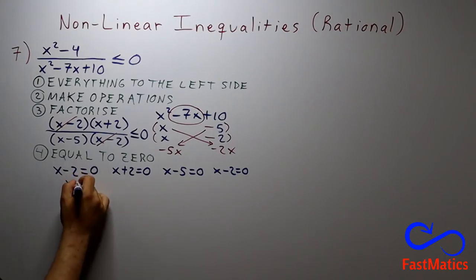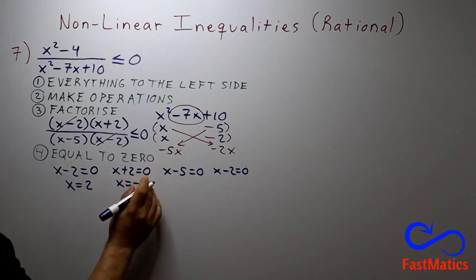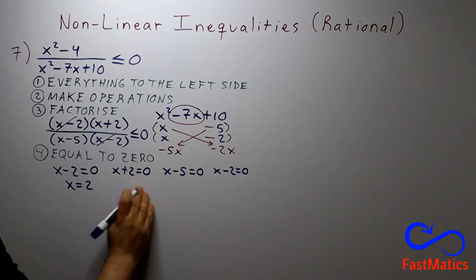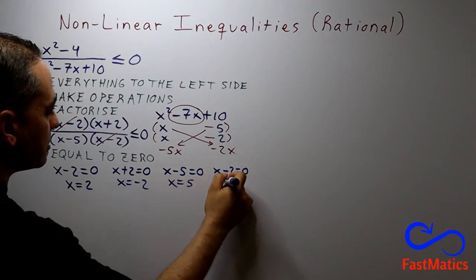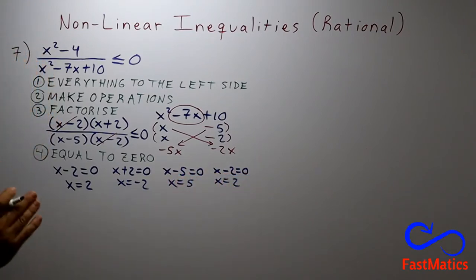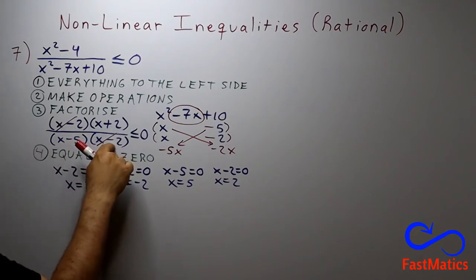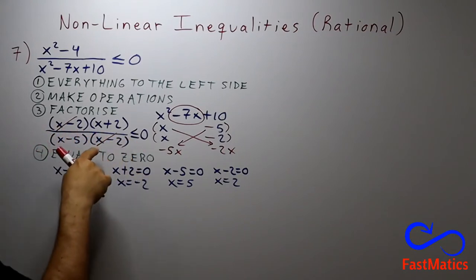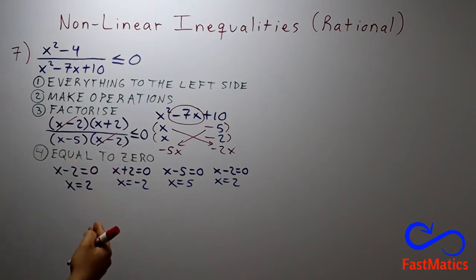So here x is equal to negative 2, x is equal to 5, and x is equal to 2. But pay attention, we have here a very, very important thing we have said in our last video. If you have expressions in the denominator, you have to mark those expressions because the answer can't have a bracket.